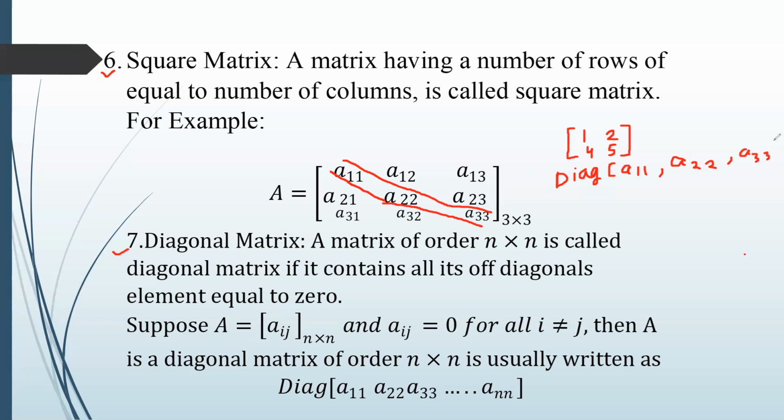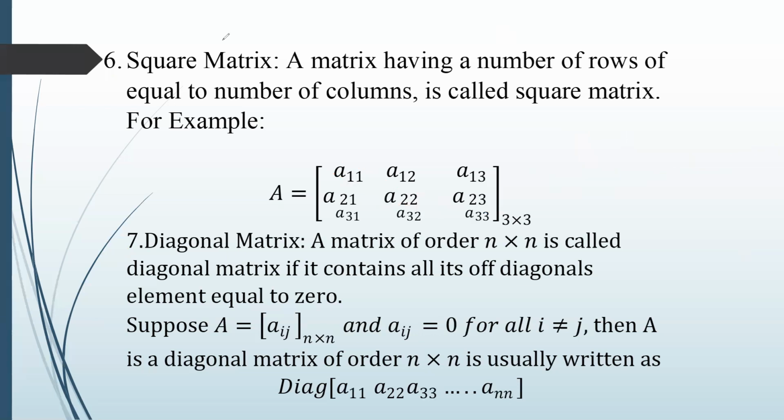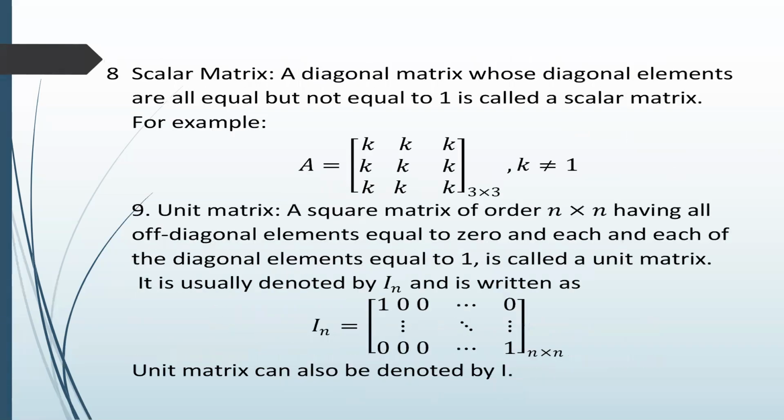So now we go for the next, scalar matrix. A diagonal matrix whose diagonal elements are all equal but not equal to 1 is called a scalar matrix.